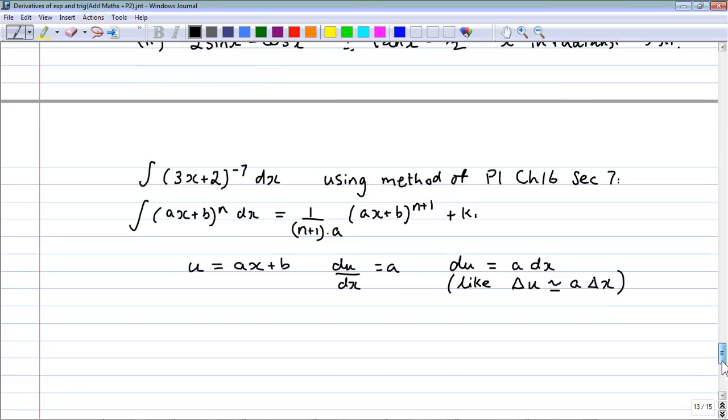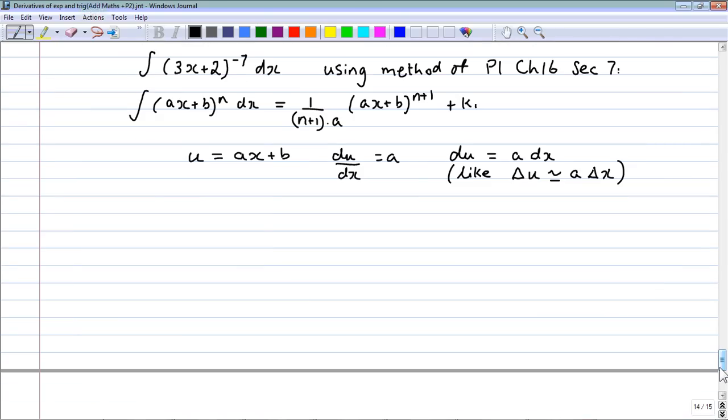So although I haven't really explained it in detail, what it means is we can change this integral into an integral in u, because ax plus b is u, and dx is the same as du over a.